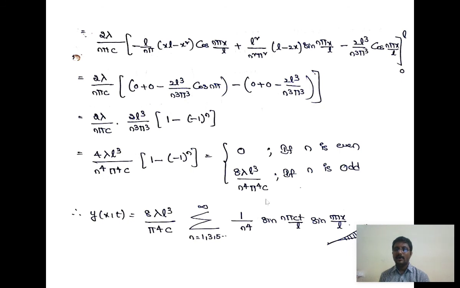Here the summation runs over odd integers, that is n varies as 1, 3, 5 and so on. For even n, the value of Dn is 0. So it is the required most general solution of the given wave equation under the given boundary and initial conditions.